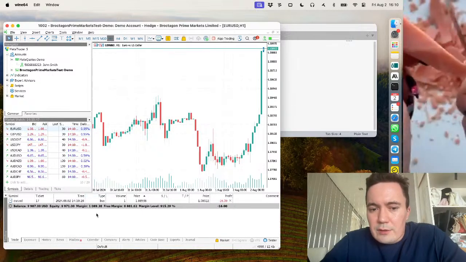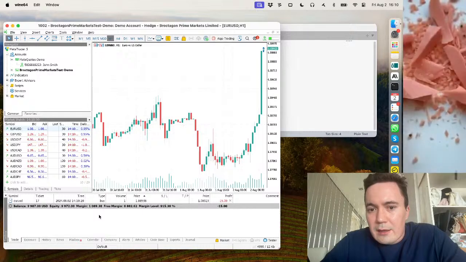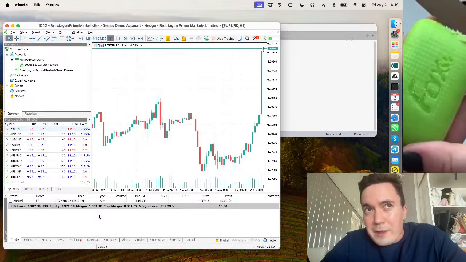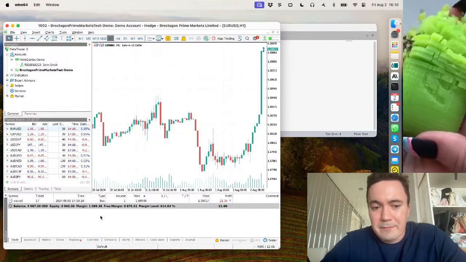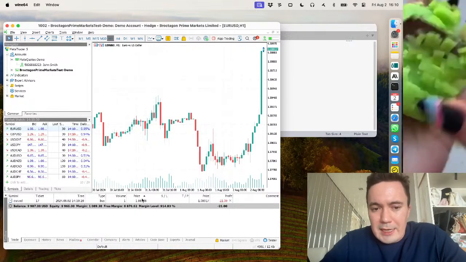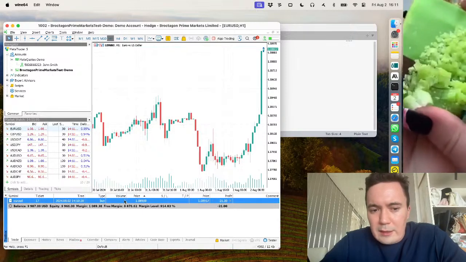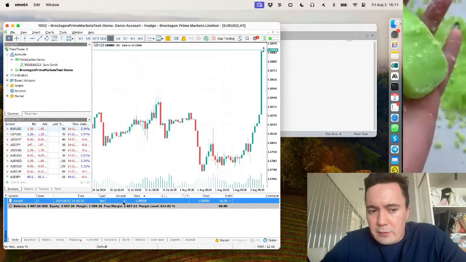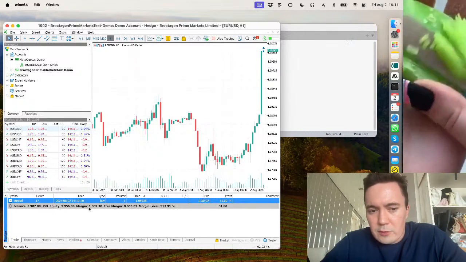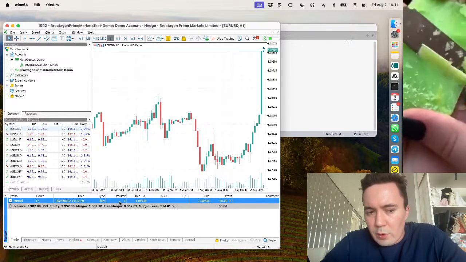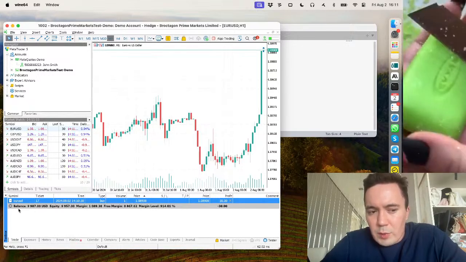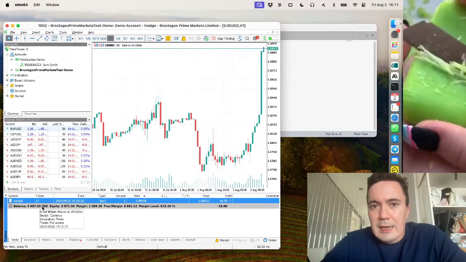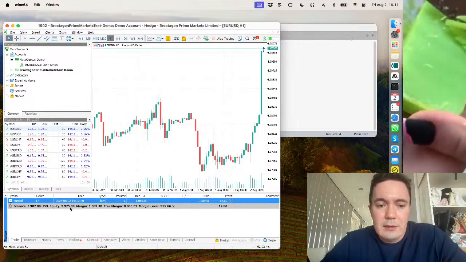Leverage means we can buy something which costs more than the money we have. In our case, we bought one lot of euro dollar, which is exactly 100,000 euro. We opened a position, we bought 100,000 euro, but we only had $10,000. This is what leverage offers us.